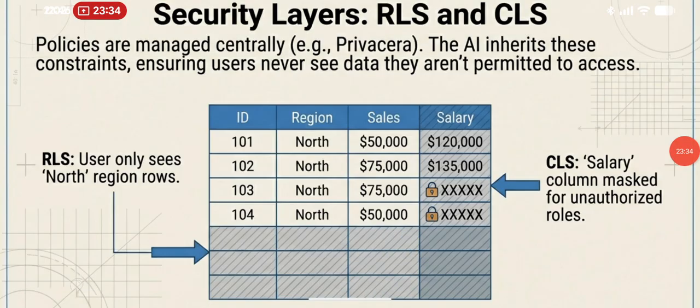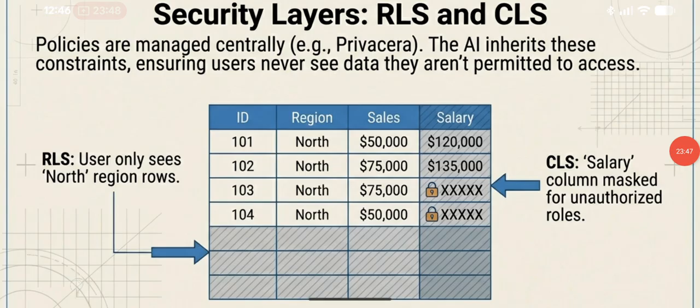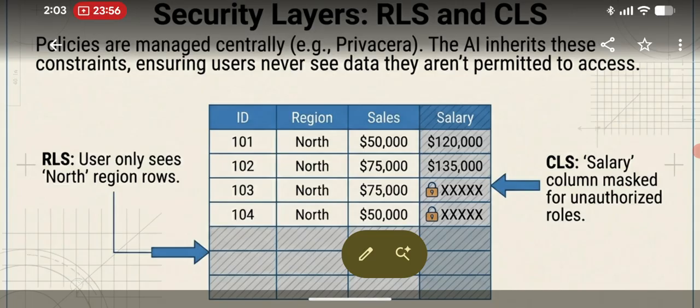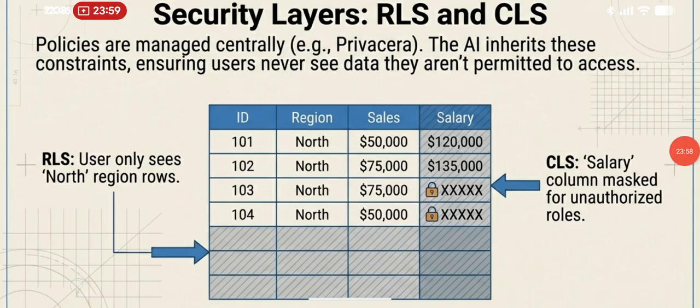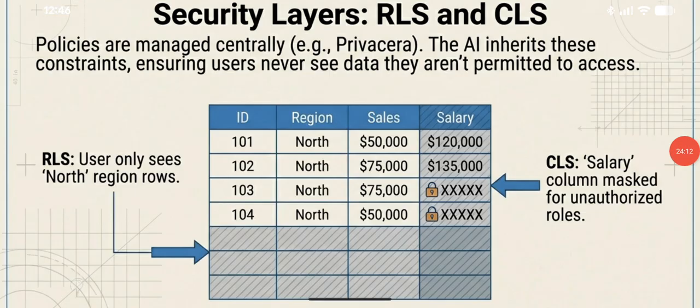Let's understand how to provide security to the transactions and the information which we access using agents. The constraints can be provided in the form of frameworks like Privacera, Protegrity, and Ranger, based on what kind of database and support tools we are using. Accordingly, we can choose any of these security and privacy frameworks available in the market.